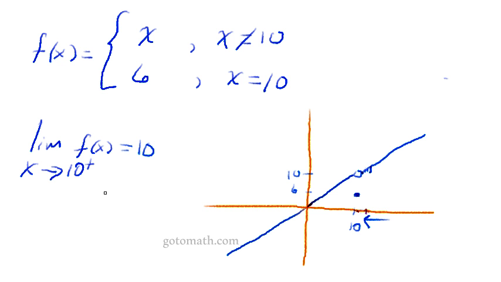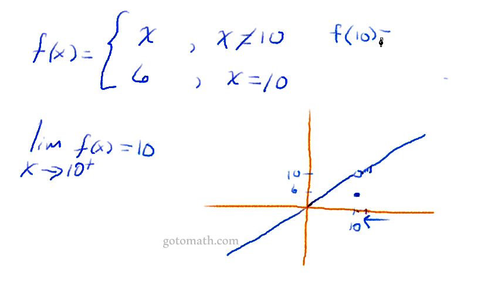Alrighty. Oh, let's see. Since we're in continuity, let's ask the question, where is this graph not continuous? Well, it's not continuous here. Okay, it's not continuous here. And of course, this is the case we hadn't run across, but we'll have to hurry. We're evaluating it.